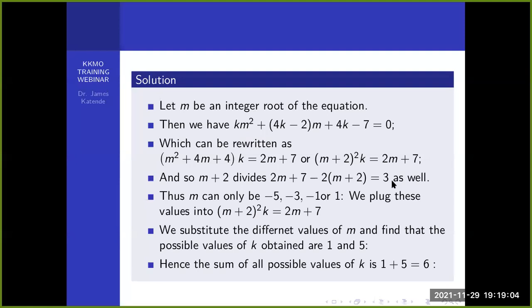Wait, so here we're going off the assumption that if the roots are positive, then the coefficients will be positive, such that m squared times k means that the right-hand side is divisible by m plus 2. Pardon? Like here we're going off the observation that if a quadratic equation has integer roots, then its coefficients will also be integers, such that k will be an integer, to mean that 2m plus 7 is also divisible by m plus 2.